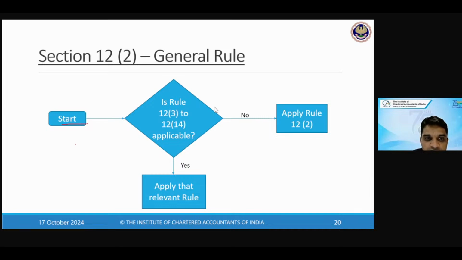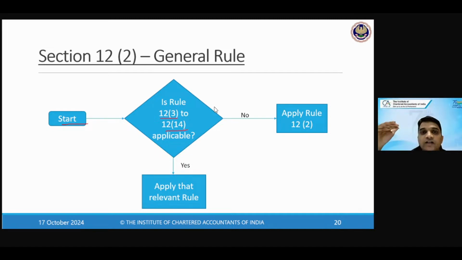Now to start with rule 12.2, which is the basic rule, you start with the procedure. You check if rule 12.3 to rule 12.14 is applicable or not. Rule 12.2 is a guiding rule. It says that first you determine whether your service falls under 12.3 to 12.14, which give types of services.